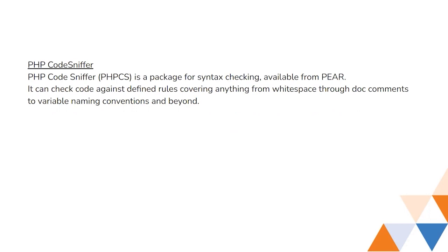For Drupal there are two kinds of standards, Drupal and Drupal Practice. But overall this code sniffer can be used for others too, like WordPress. If they are following the PSR1, PSR2 standards, we can put those standards there and sniff the code and find the errors.